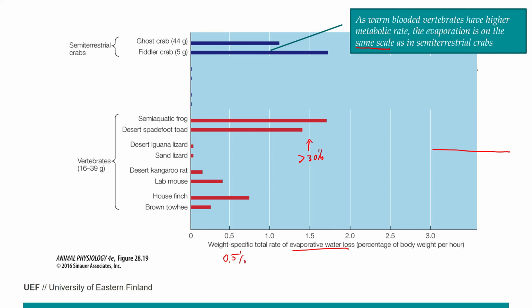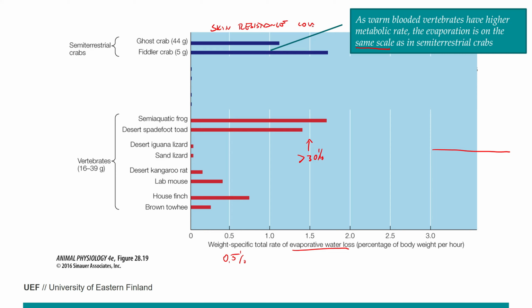And the main difference is that these crabs might have skin resistance low, but at the same time low oxygen need.